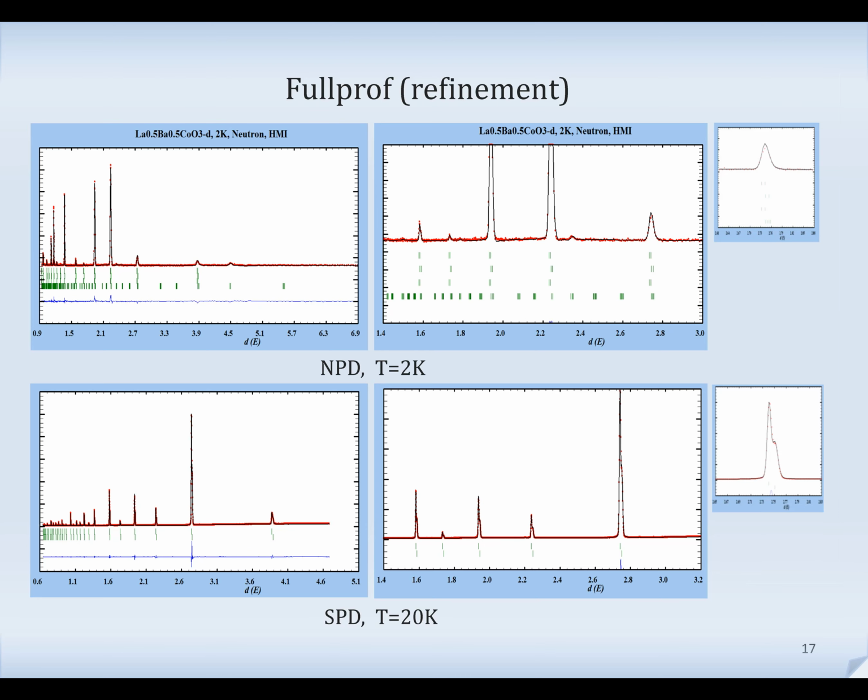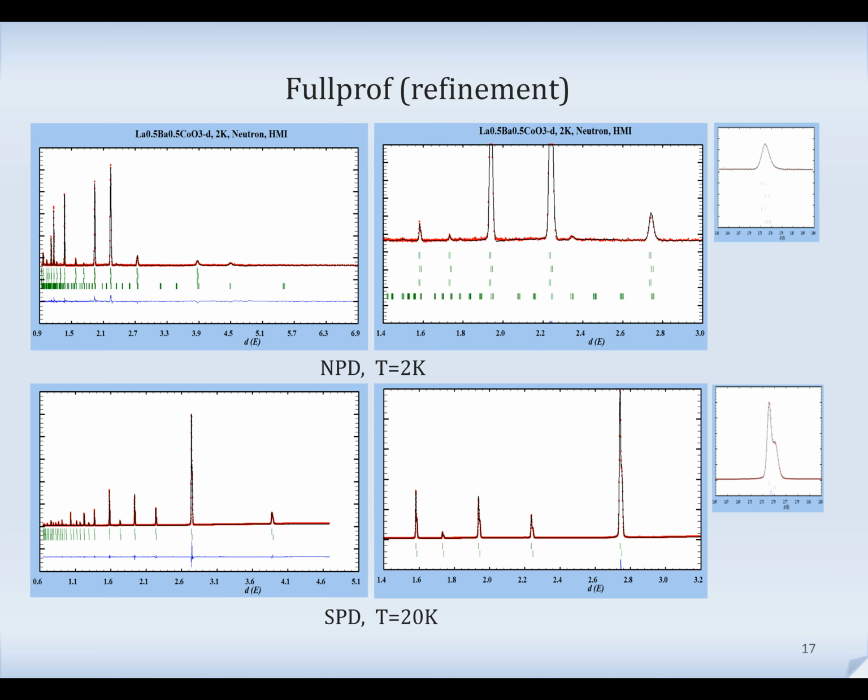And what is the main feature of synchrotron radiation? It has a really high resolution, and using synchrotron radiation, we were able to refine that the compound has two crystallographic phases.